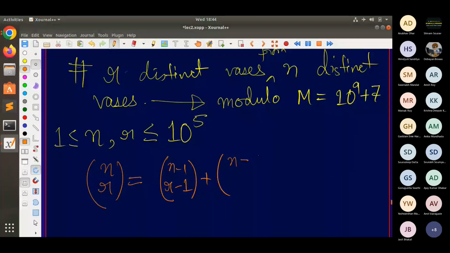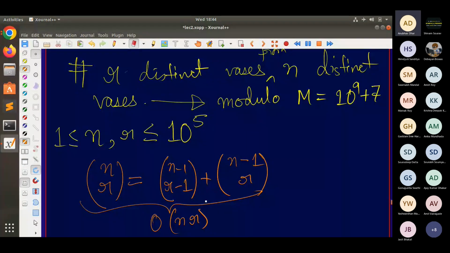Yes, you can. First of all, I don't think you can use this directly. I think you can use this if n and r are less than or equal to 10 to the 3, because computing this would be order n times r. Just think about this maybe.